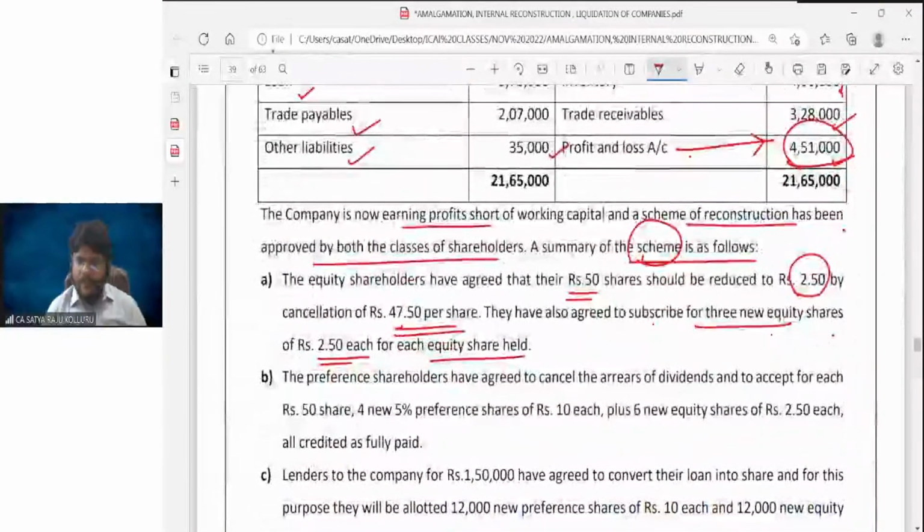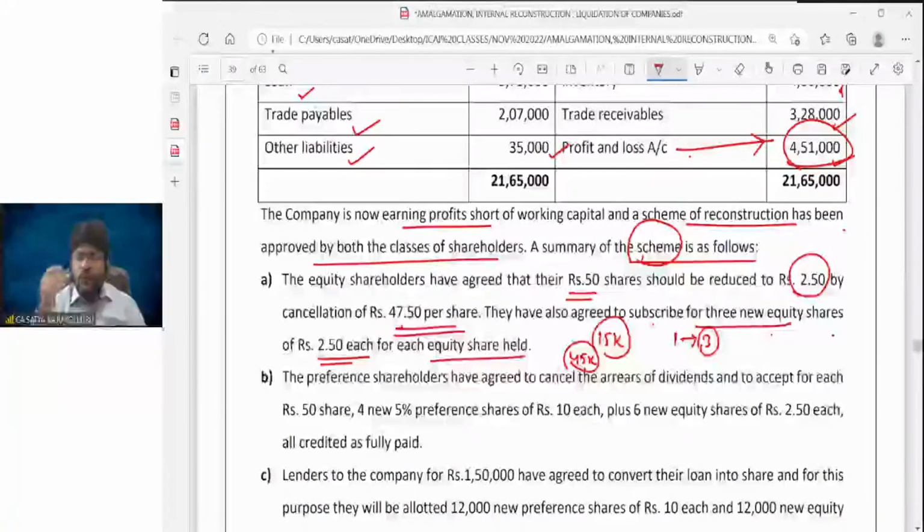Next, one more thing happened. They have also agreed to subscribe for 3 new equity shares. Existing number of shares are 15,000. For every one share, they are subscribing 3 shares. Then for 15,000 shares, they are going to subscribe 45,000 total shares, for 3 new equity shares of 2.50 each for each equity share held. Once each equity share is converted into 2.50 each, all further shares issued by the company should be in uniform mode. They are going to issue all remaining equity shares at the rate of 2.50 each in the future.